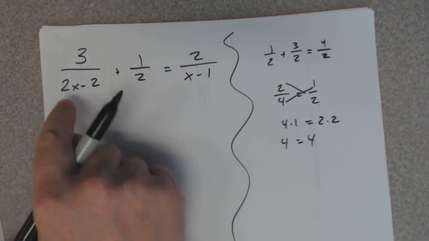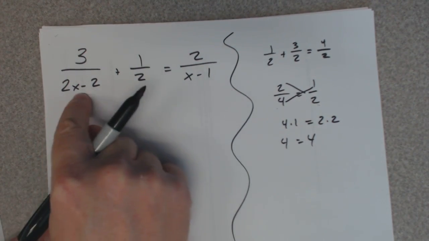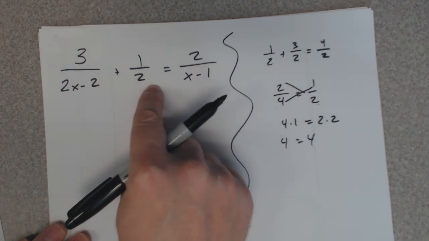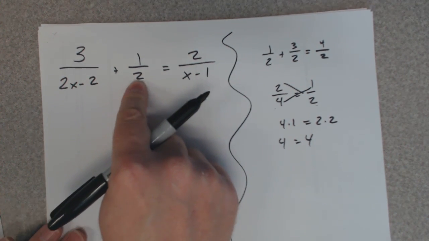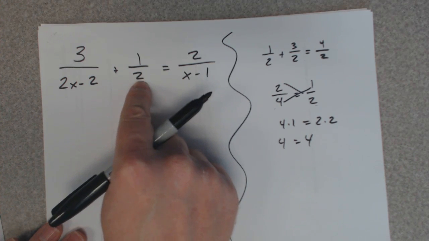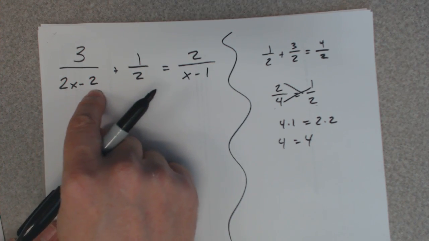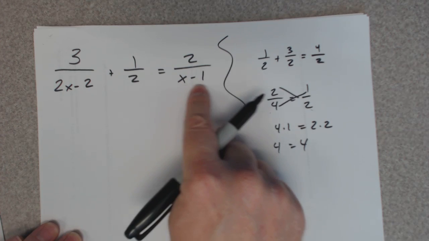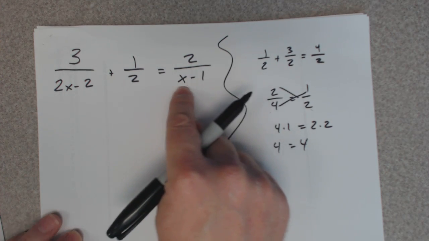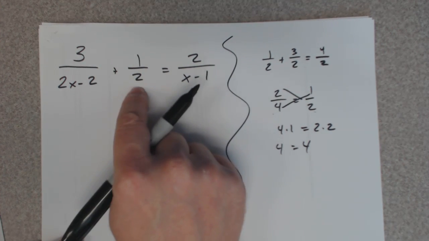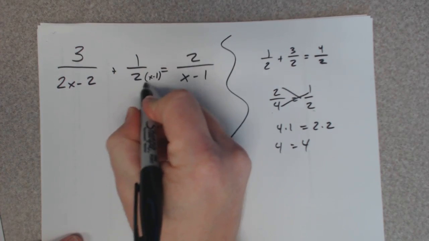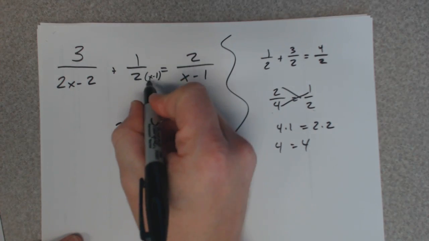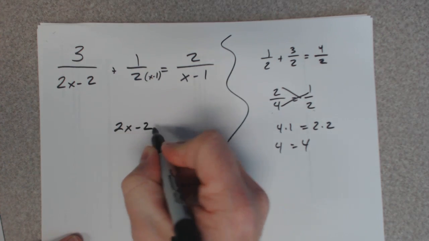So I can't put these two together because the denominators are not the same. So what could I multiply this by? And I have to use multiplication. What would I multiply 2 by to get 2x minus 2? Usually these questions give you some contextual clues. If I multiply this by x minus 1, 2 times x would be 2x, and 2 times negative 1 is negative 2.